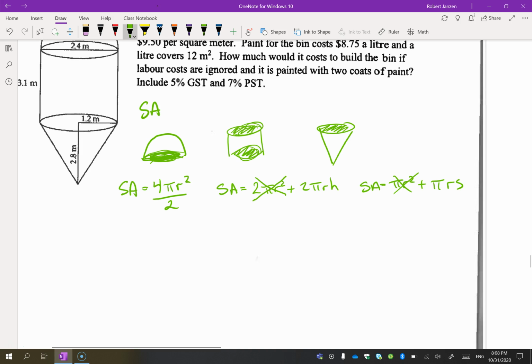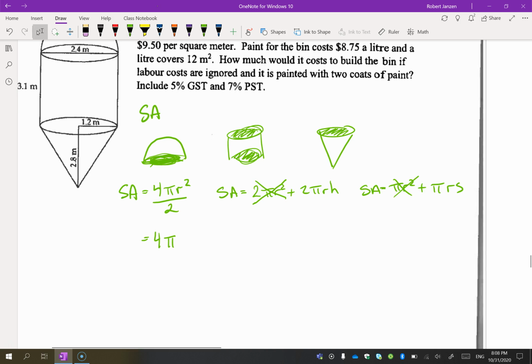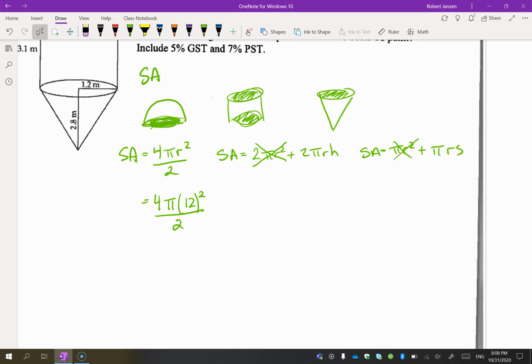Okay, so let's find each of these surface areas. 4 pi, the radius is 12. Okay, so we're going to get 2 pi times 144. We'll get the calculator out in a second.